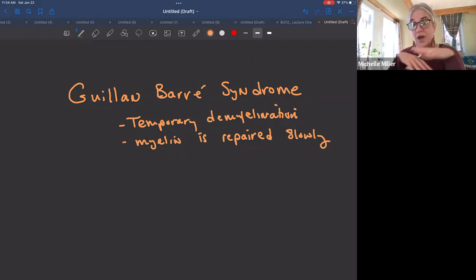So most people would generally euthanize the dog if it got Guillain-Barré. But this is another example of a demyelinating disease, and these diseases show us how important the presence of the myelin on these axons is.